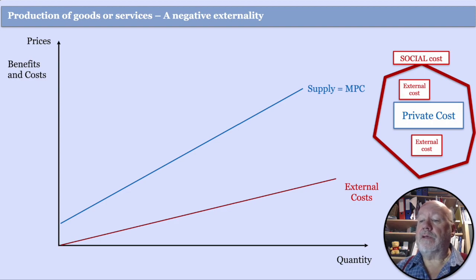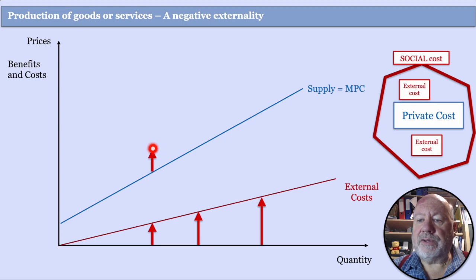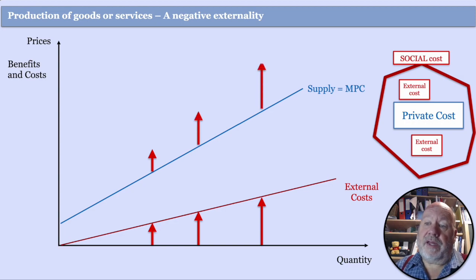So if, for example, we saw that at these different levels of output there's an external cost, that's the cost of pollution, for example, then to get the social costs we should add those external costs onto the private costs. So the private costs are here, we need to add that value there for the external costs, and the same for each of these levels of output.